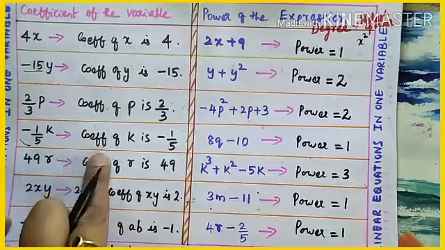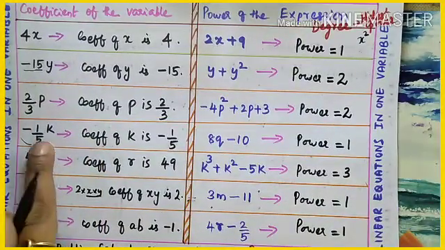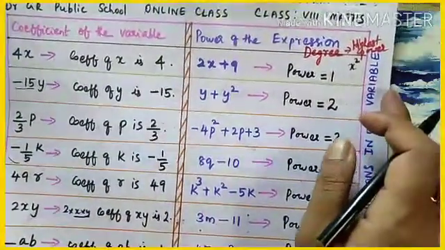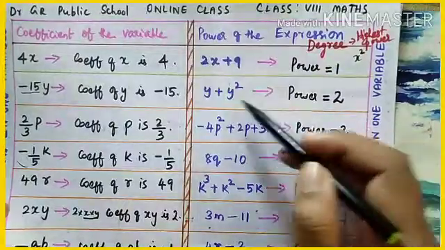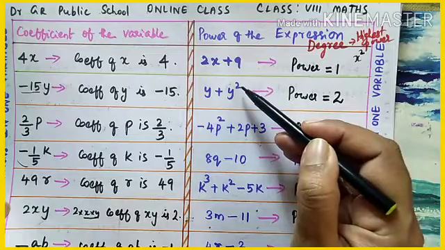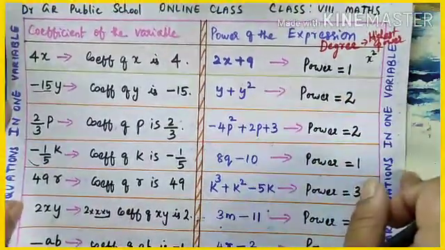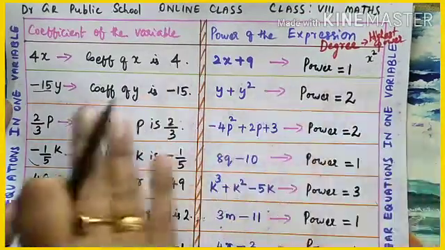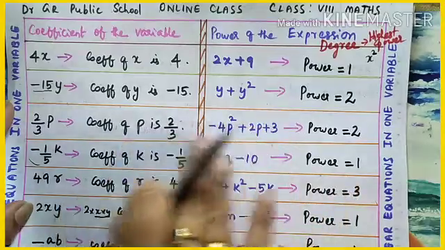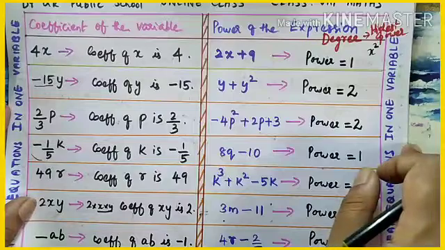As you studied here, the number that multiplies or divides the variable is the coefficient, and the power of the variable means we look at the top and note what the power of the variable is. Coefficient and power are different, so make them proper in your mind.